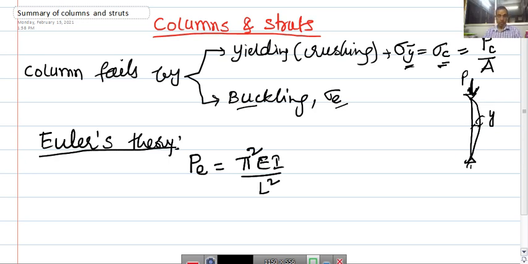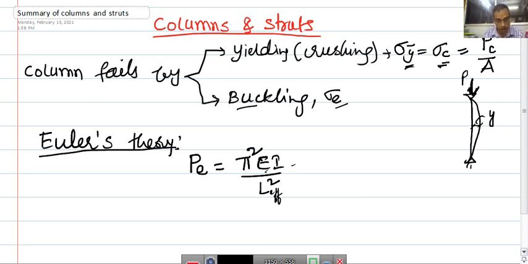He said your load capacity just before buckling is proportional to your moment of inertia and your material constant, which is Young's modulus, and inversely proportional to your effective length squared. So, this is very important.